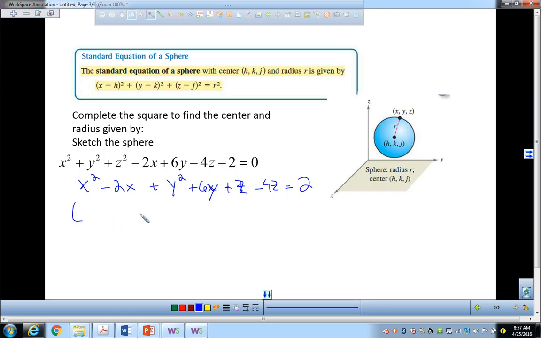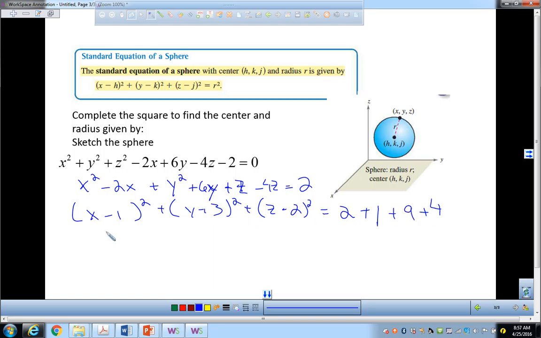And then I complete the square, so I get x minus 1 squared plus y plus 3 squared plus z minus 2 squared. But in doing that, I added a bunch of stuff. What did I add here? A 1. And here I added a 9, and here I added a 4.